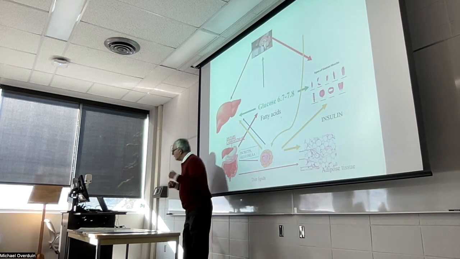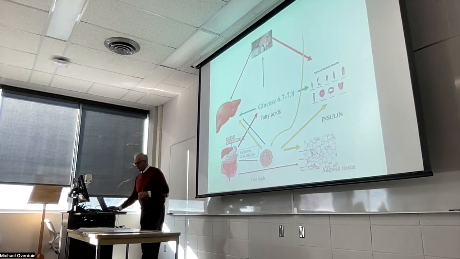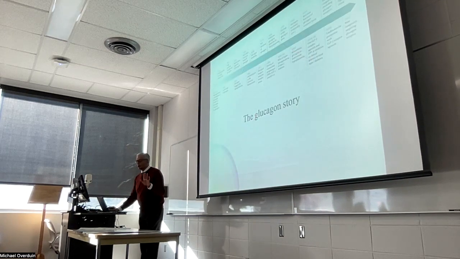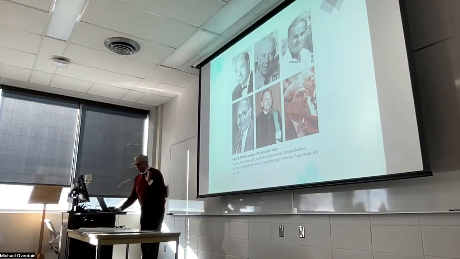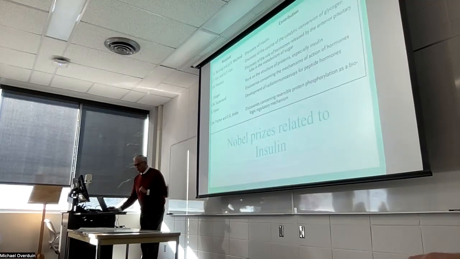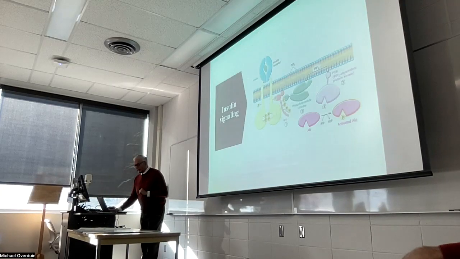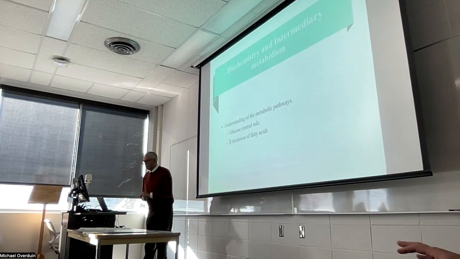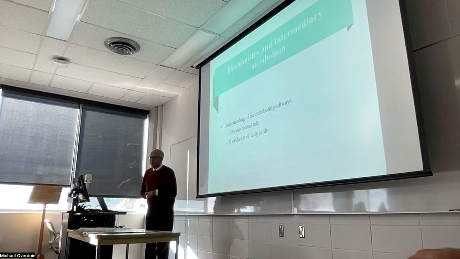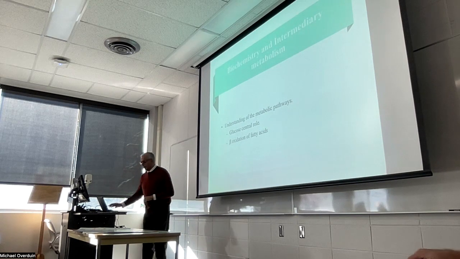That brings me to a wee bit about, I won't talk too much about glucagon, because those are the guys who won Nobel Prizes, and insulin. Biochemistry. Sorry for the boring bit.